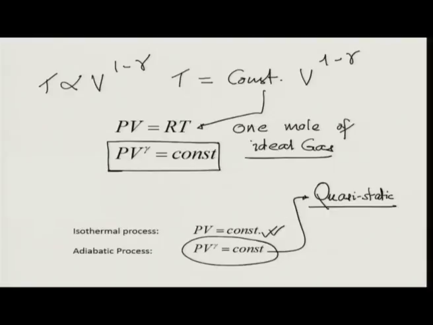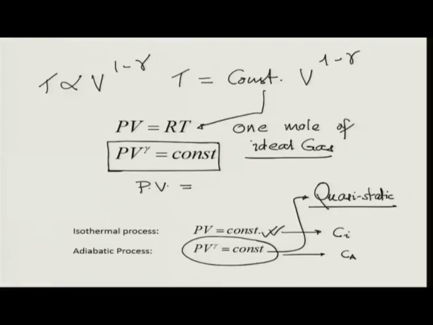Remember, this constant, if I call it C isothermal, this constant is C adiabatic. Maybe I can write this in the following way: in an isothermal process, Pi, Vi does not refer to the initial state, rather it refers to a process. Maybe to be precise, I use capital.